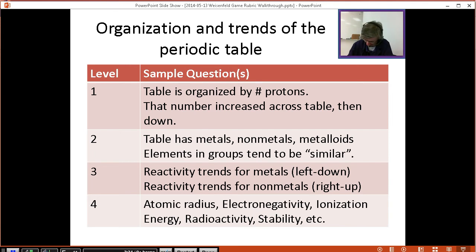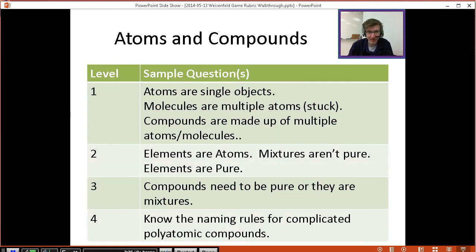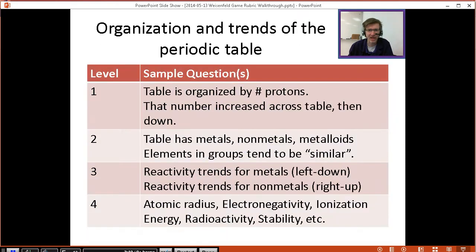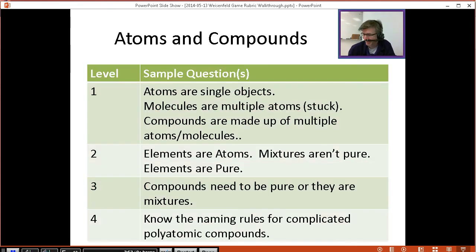We are on line 2, atoms and compounds. We did groups and periods. Let's do organization trends. The table is organized by the number of protons. That means that if you have a different number of protons, you're talking about a different element.